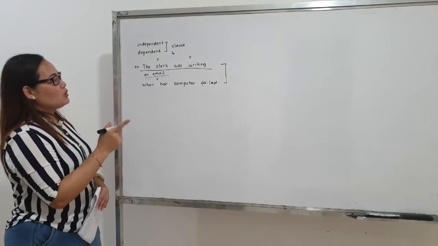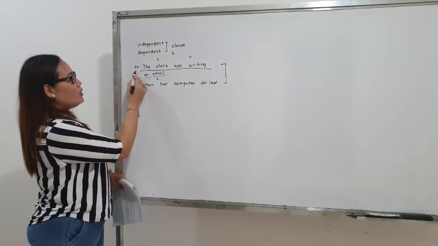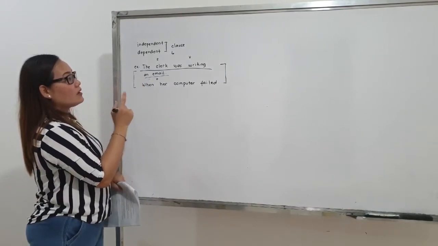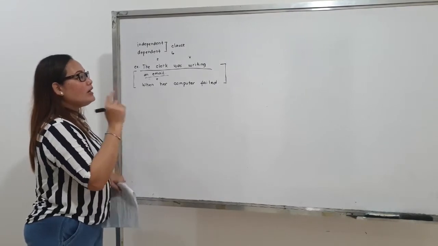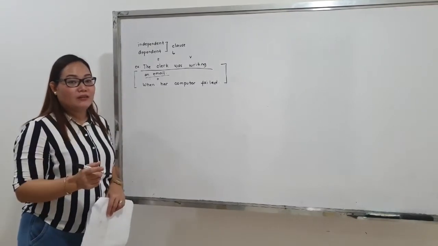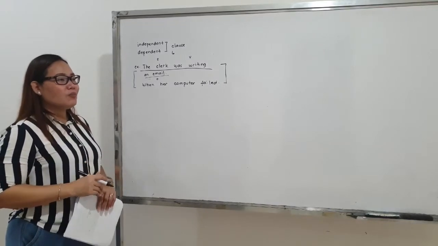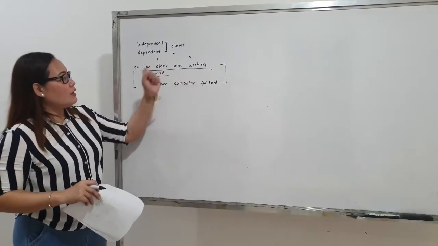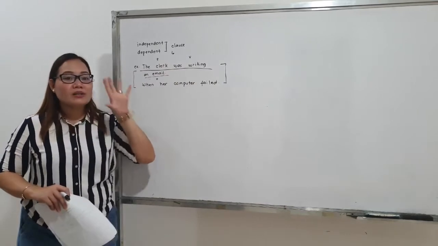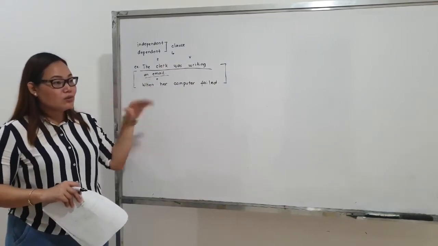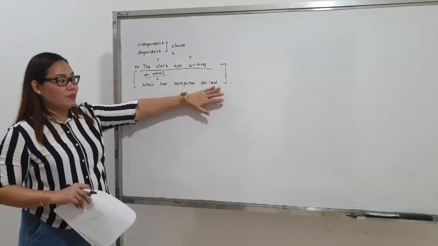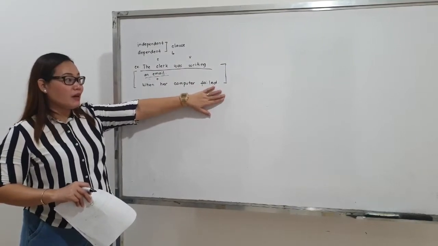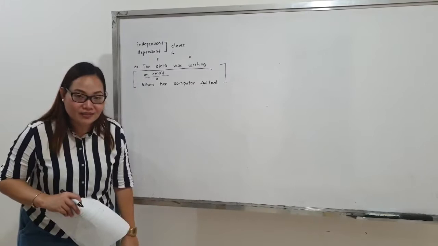If we combine this, the clerk was writing an email when her computer failed. You are simply stating what the person was doing, or what action was happening, when this particular situation happened.